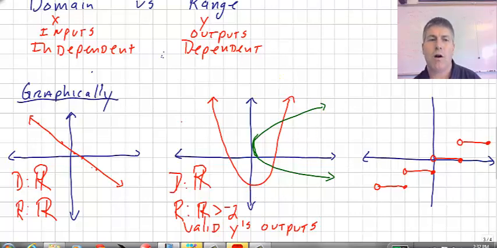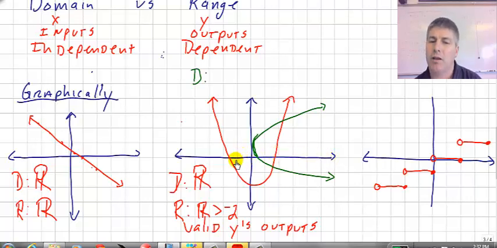Now the green one, that's a little different. Now the green one, that's not a function, it's a relation, but our domain here, let's take a look. I've got x's here. I can input an x. Now I'm going to get two y's out, but we still have outputs here that are to the left if we input a positive value for x.